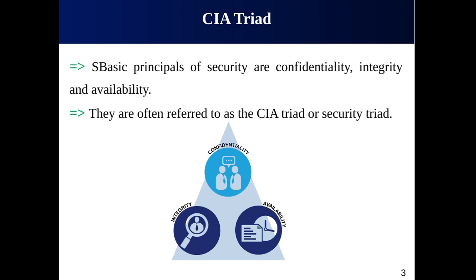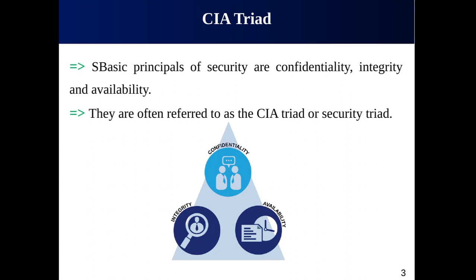Sometimes they are known as objectives of network security or objectives of information security. They are also known as security services, security goals, security triad. They are also known as the components of a secure system or the properties of security. Different names are given to these terminologies.